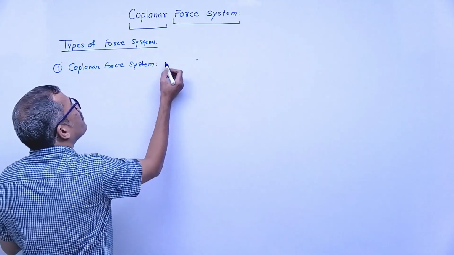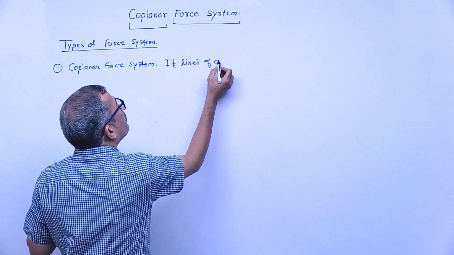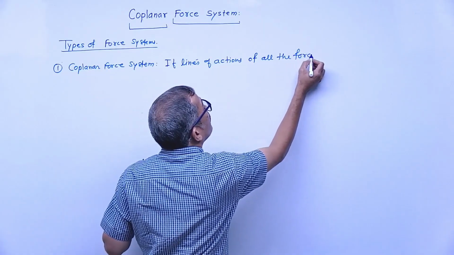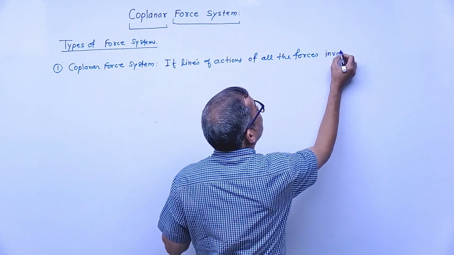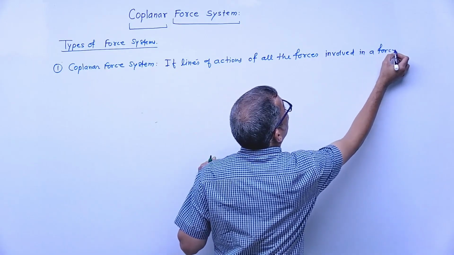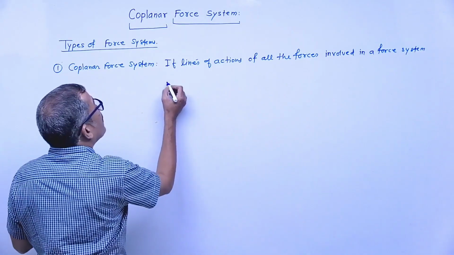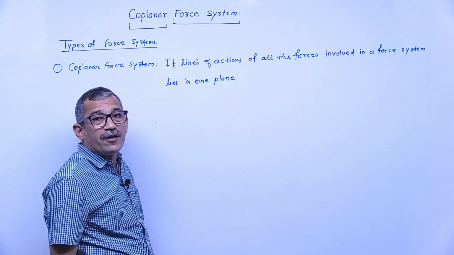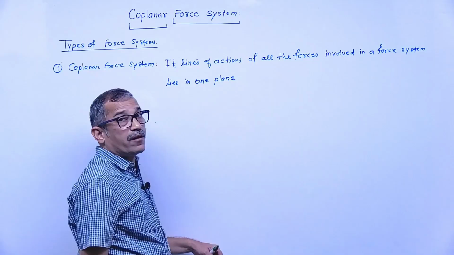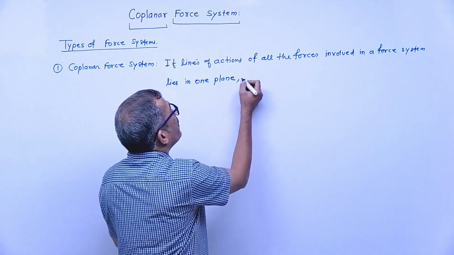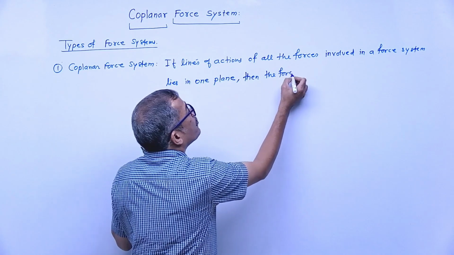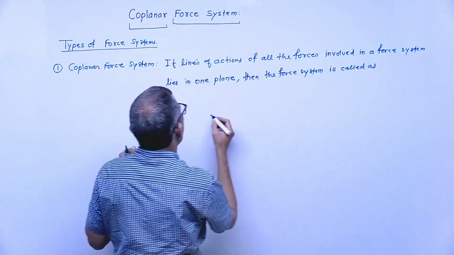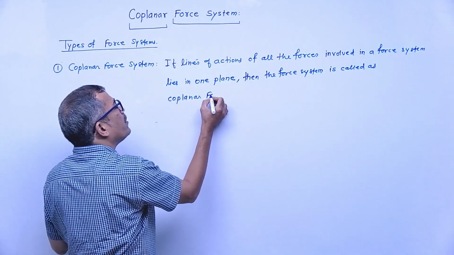How will we define the coplanar force system? If the lines of action of all the forces involved in a force system lie in one plane, that may be the xy plane, the xz plane, the yz plane, any plane, but the lines of action of all forces must be in one plane, then the force system is called a coplanar force system.